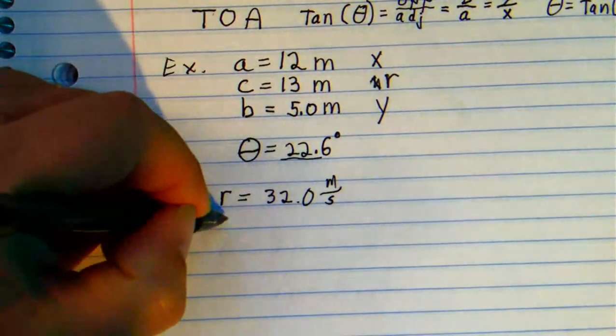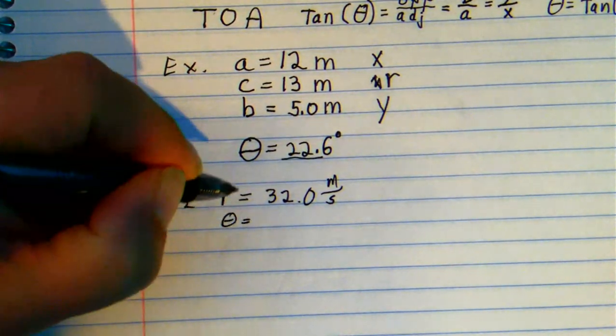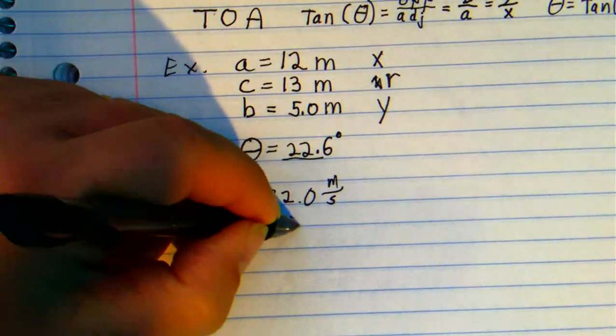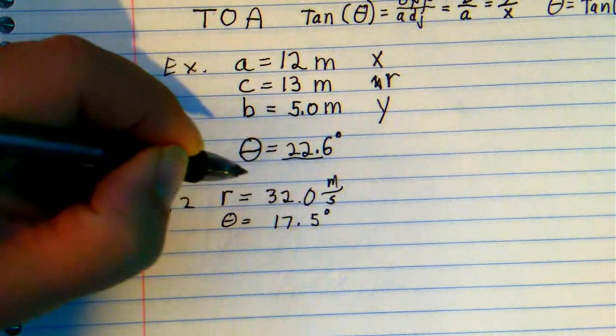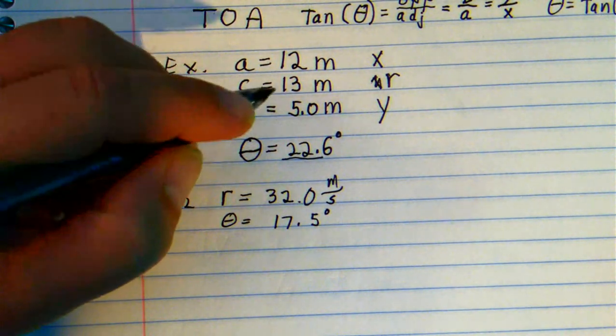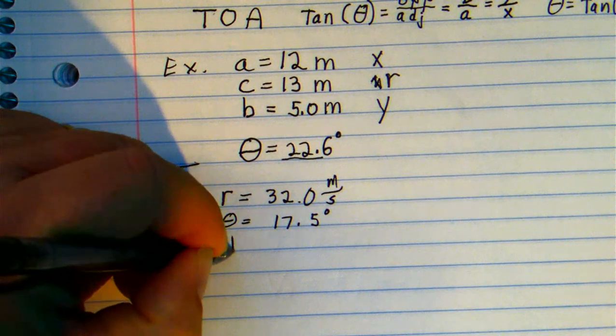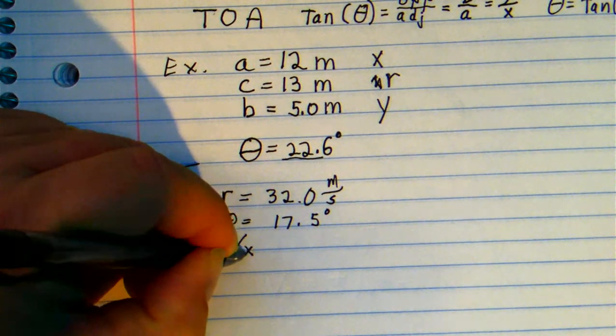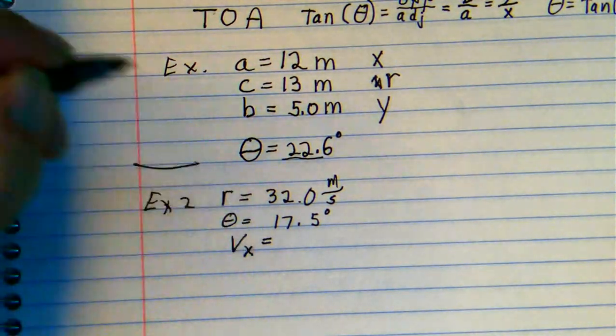Ooh. And let's just make up some crazy angle and say, oh, it's 17.5 degrees. Now I'm going to ask you, what is the x component of this velocity?